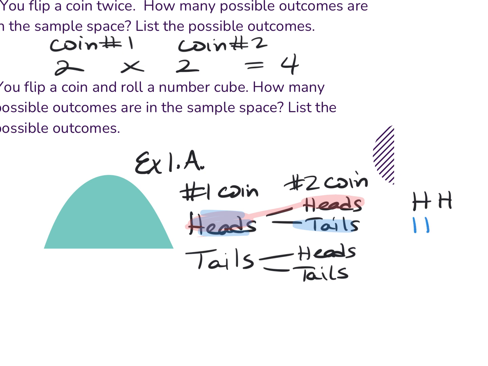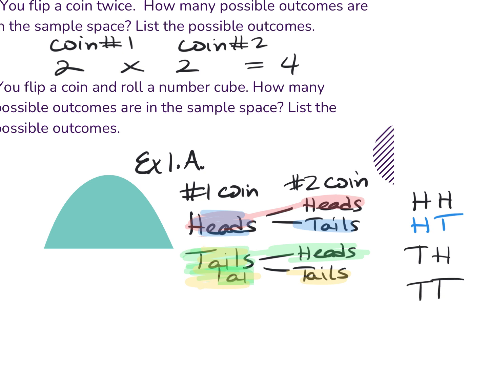So this would be a head and a tail. And then let's say I flipped it and I got tails first, and then head second. So my next outcome would be a tail and then a head. And then if I did it again, tail, tail. So these are my 4 outcomes.